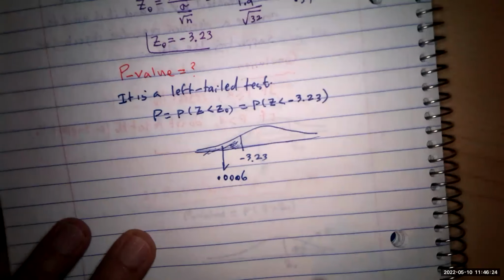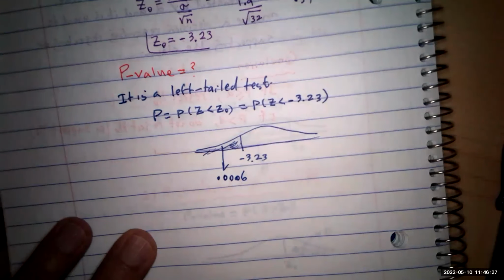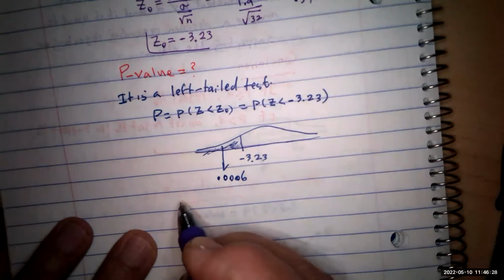So that would be your p-value. Your p-value is very small, 0.0006. Any question? So that is step 3, the p-value.